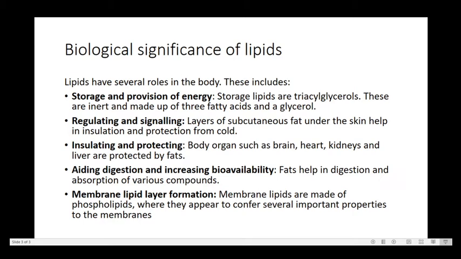So, women who lack proper amount of fat, they may stop menstruating and become infertile. Omega-3 and omega-6 essential fatty acids, they help to regulate cholesterol and blood clotting, and they also control inflammation in the joints, tissues and bloodstream.